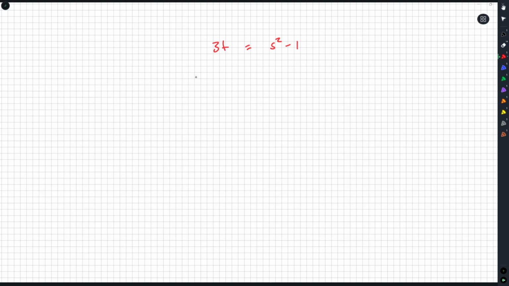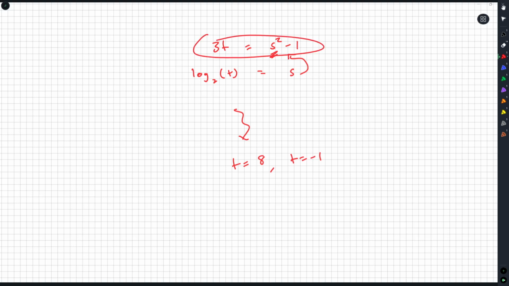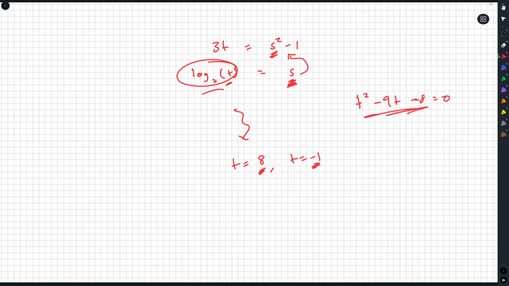But if the equation had been something like log base 2 of t equals s, and you plug this s in here, and you rearrange, and you solve, and you say, oh, t is 8, or t is minus 1, because you're solving just an equation in terms of t. You might not realize, wait a minute, 8 you can plug in, and in the second equation you'll have left-hand side equal right-hand side, but if you plug in t equals minus 1, log base 2 of minus 1 doesn't make any sense.